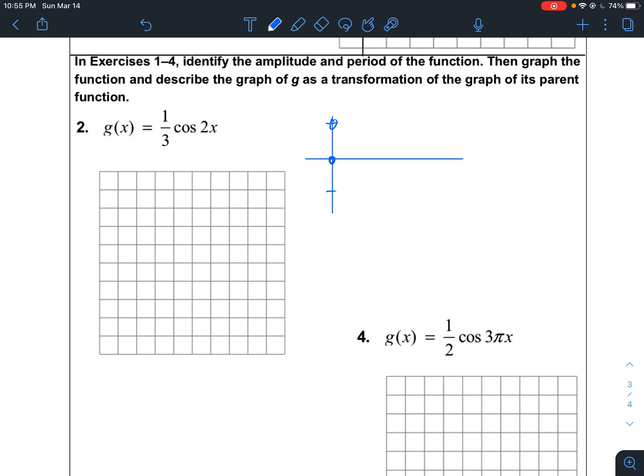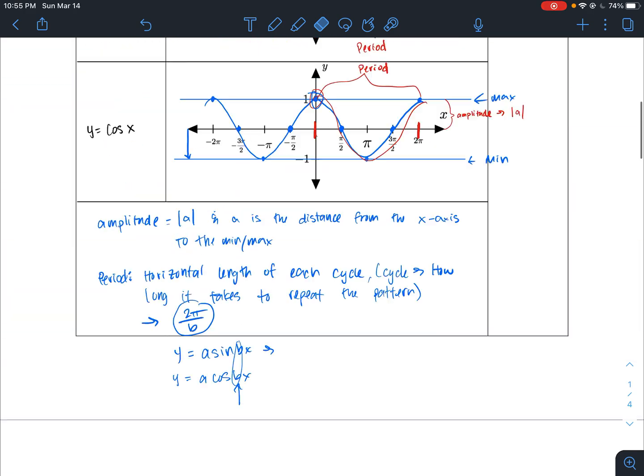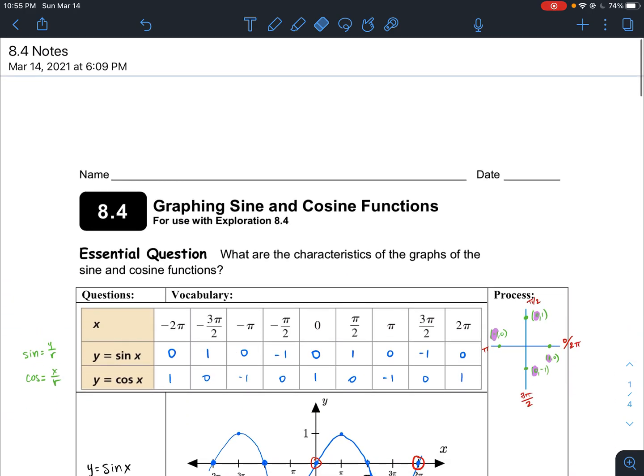So by the time you make one full cycle, you're back at your max value. The sine function, though, starts in the middle, so whenever you make a full cycle, it'll be back in the middle. You can calculate the period and the amplitude just the same way. But yeah, that should pretty much do it for this section right here.